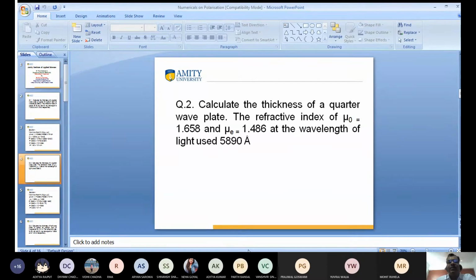So tell me the answer. Do you understand what the question is? The question asks about the thickness of the quarter wave plate. The refractive indices for the ordinary and extraordinary rays and the wavelength of the light are given. So tell me what the answer is.